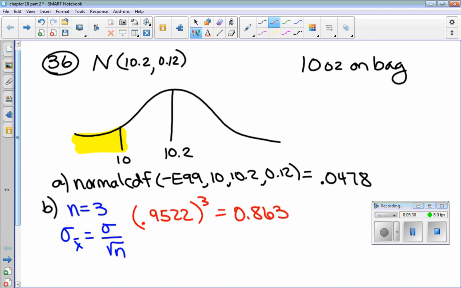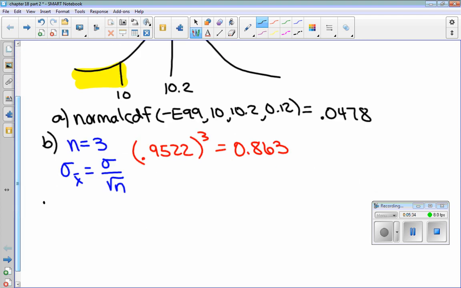So C and D is where we have the questions come up, right? Okay. So in part C, it says, what's the probability that the mean weight? So now we're thinking CLT, because now we're talking about the average weight. What is the probability that the mean weight of the 3 bags is below the stated amount? So we still have 10.2, we still have 10.